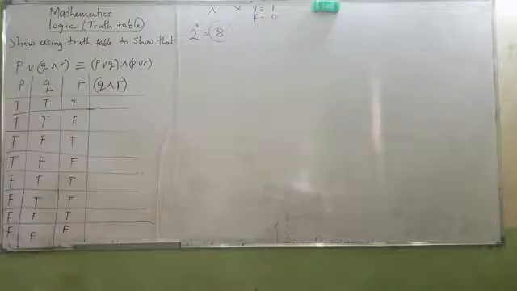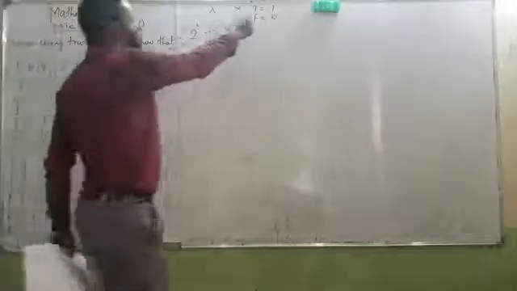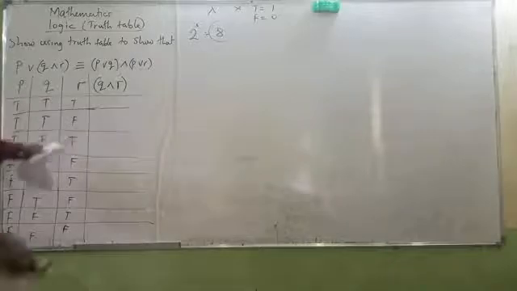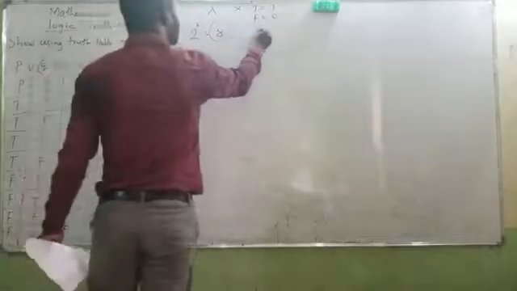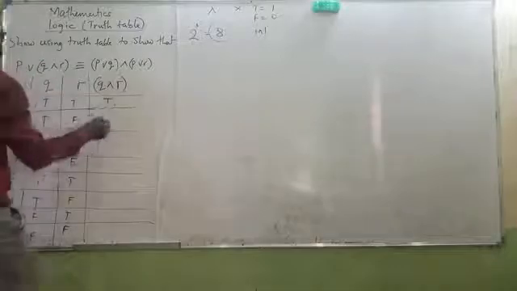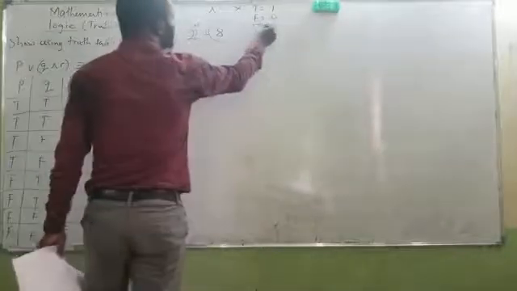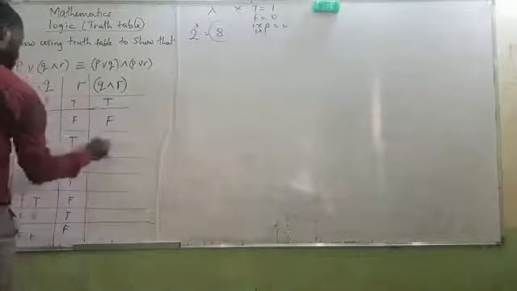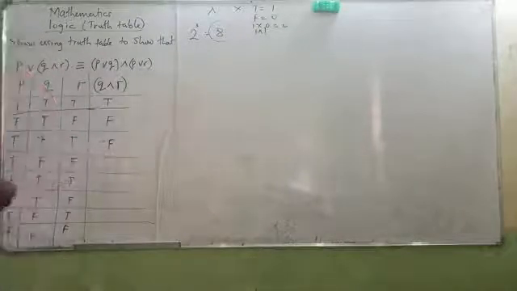Now, the next thing I will do is take true to be 1, false to be 0. Now, true and true, it means 1 times 1, it will be true. 1 times 0 is 0, which is going to be false. 0, false.